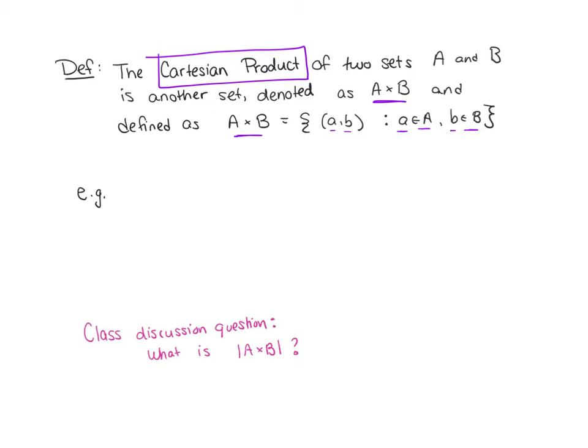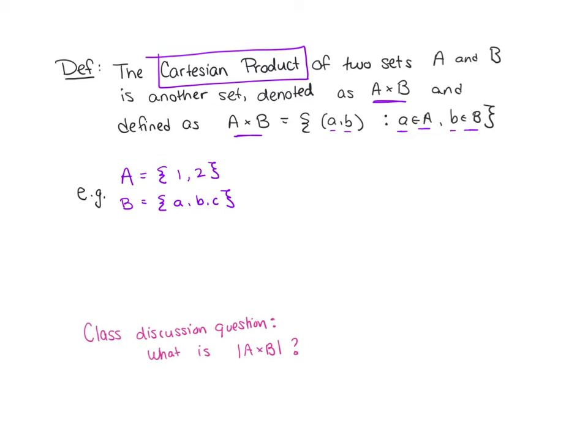So let's think about what that looks like. So let's say maybe that A is the set {1, 2}. And B, let's have it have letters in it. Maybe that's {a, b, c}.